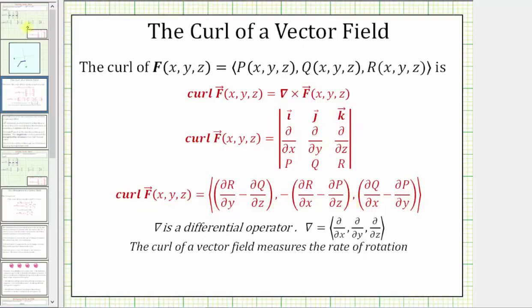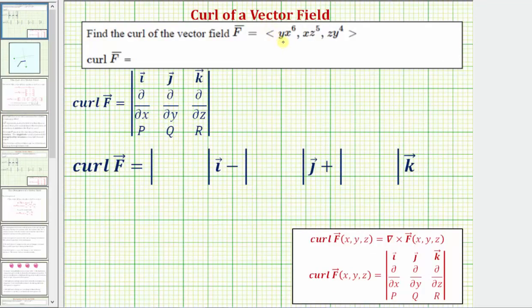So going back to our example, P is going to be equal to x to the sixth y. Q is equal to x z to the fifth, and R is equal to y to the fourth z. So the 3 by 3 determinant will have a first row that's the unit vectors i, j, and k.